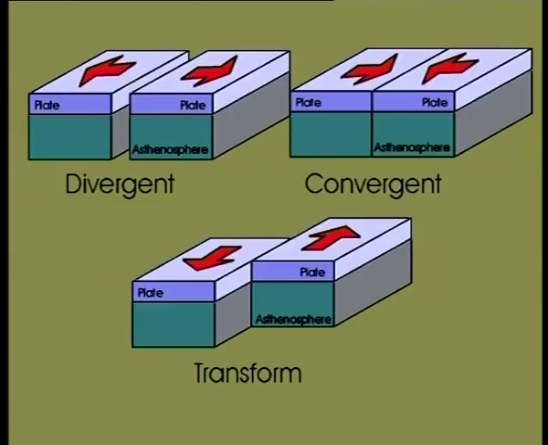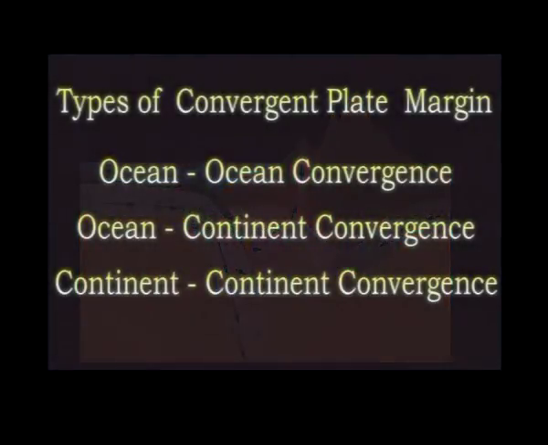The convergent plate margins, as we have briefly discussed in the first episode, are of three types. One where two oceanic plates come together and the older and denser one goes down.